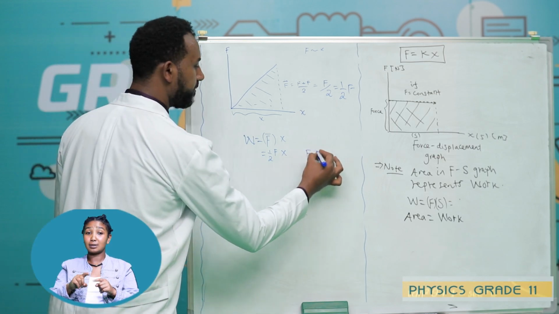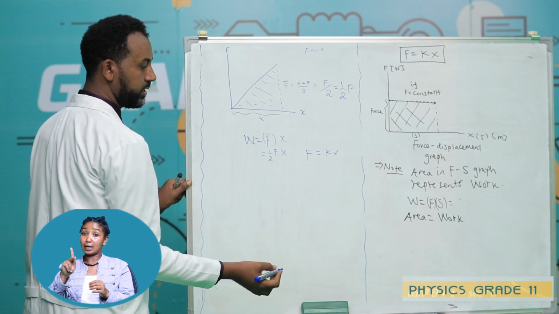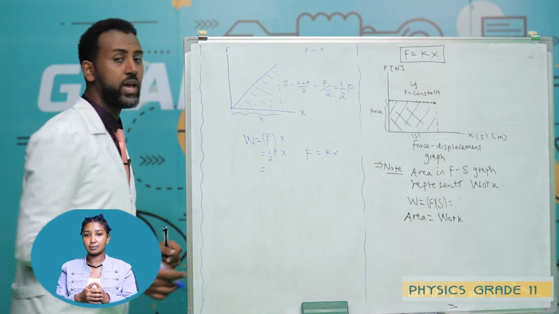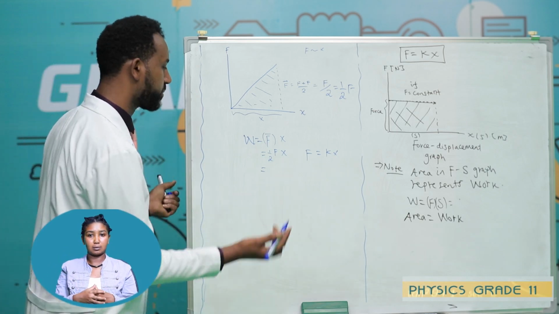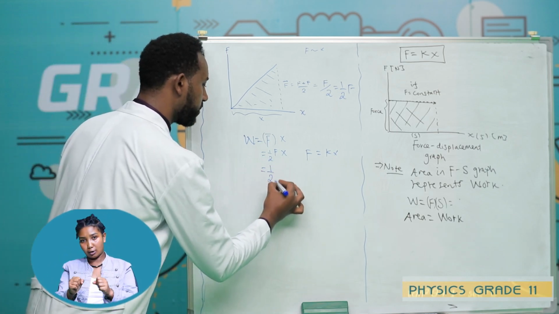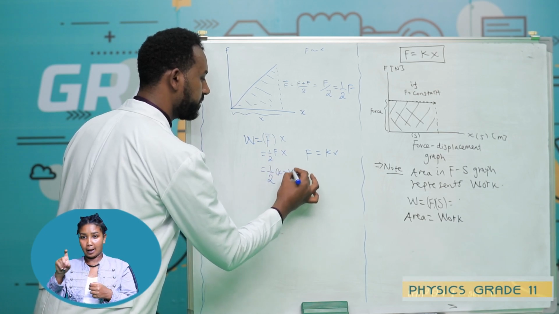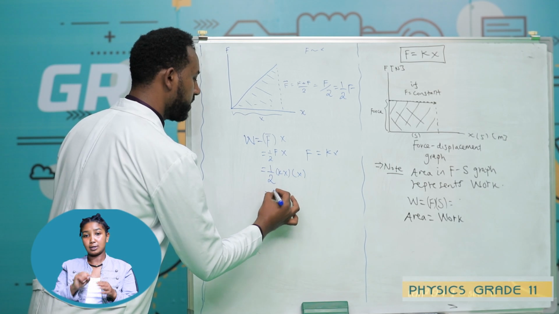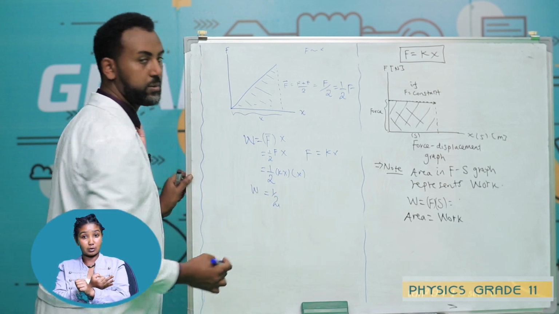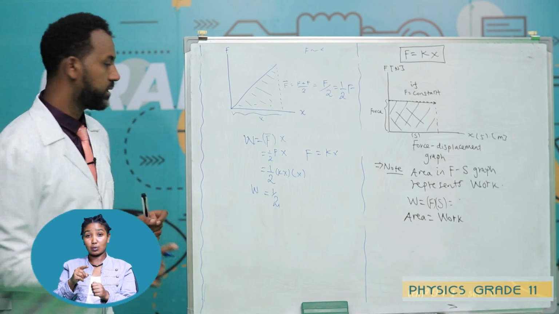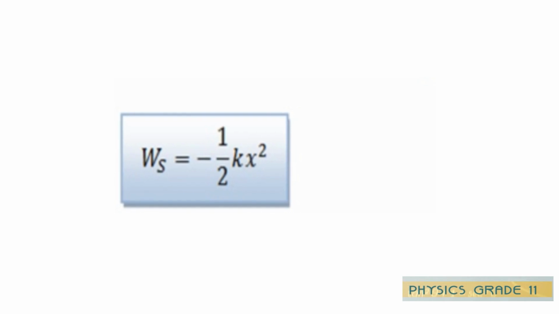But the force F from Hooke's law is given as k times x. Or at a higher level, we have an integral mathematical expression we can solve. Instead of F, we have kx times x. Therefore, the work done by a variable force, among the variable forces we just took the spring, is 1 over 2 k times x squared.